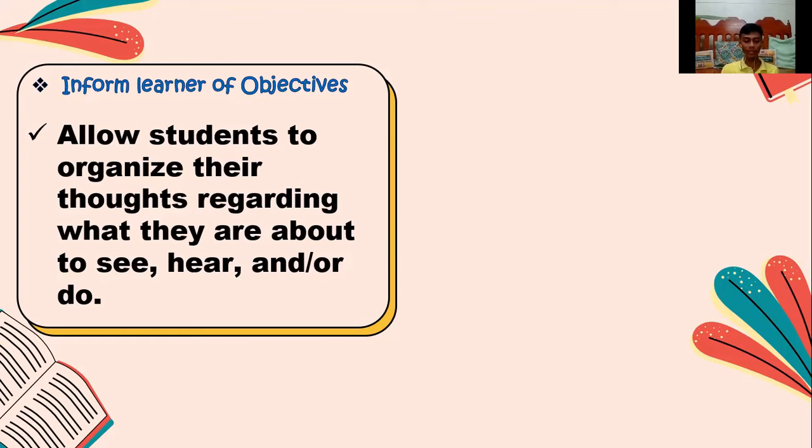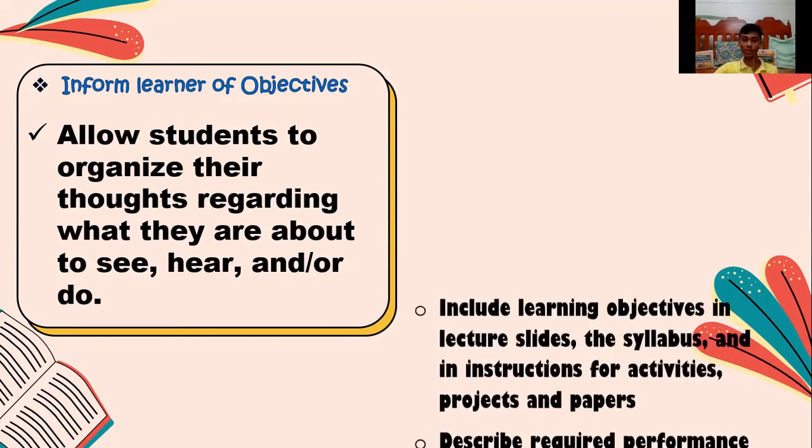State what the learners will be able to accomplish during the session and how they will be able to use the knowledge in the future. This allows the learners to organize their thoughts on what they will learn and helps put them in the proper mindset. So here are ways we can inform the learners about the learning objectives.